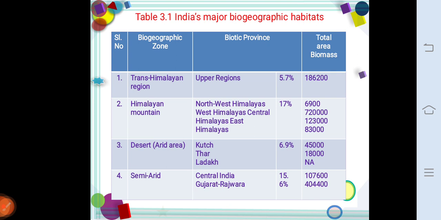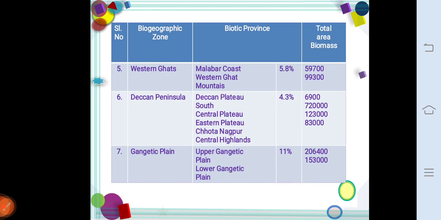Biodiversity is classified by importance. The first one is consumptive use value. Biodiversity products have direct use values, where the products are harvested and consumed directly. For example, food, wood, drugs, fuels, etc. Food: a large number of wild plants are consumed by human beings as food.